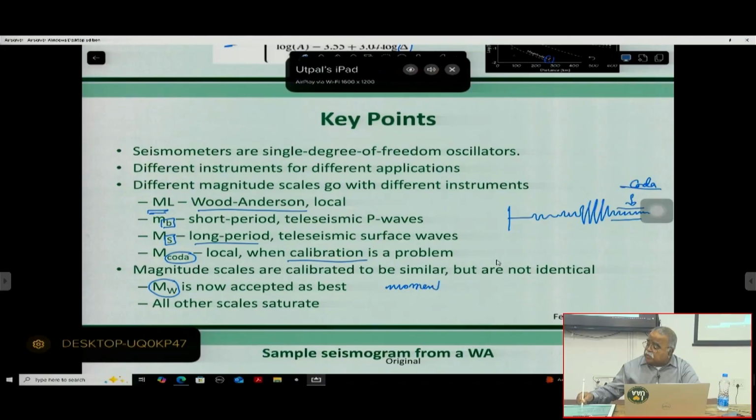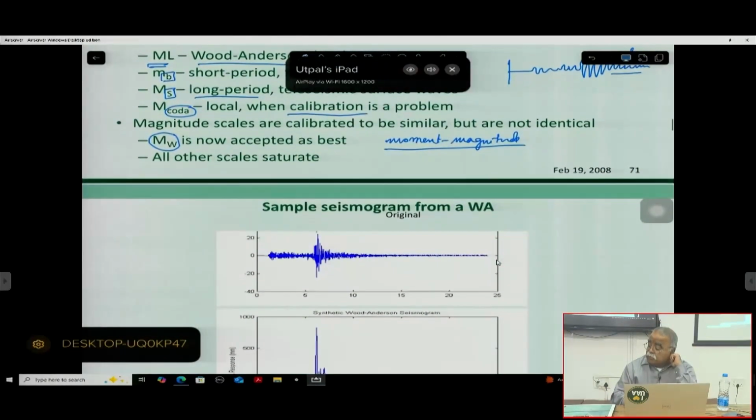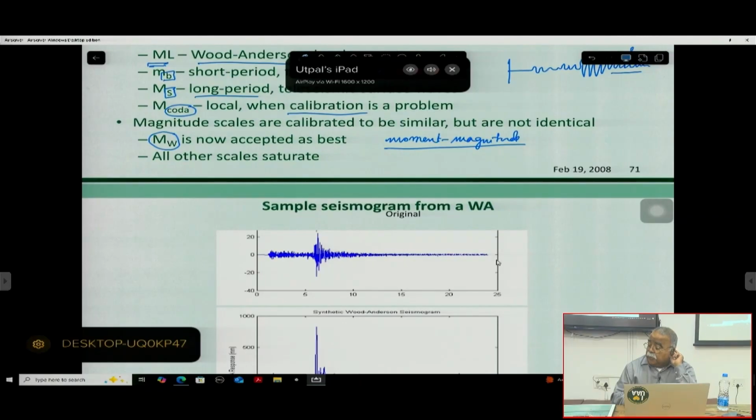It is based on physics, so there is no scale or instrument height involved. This is all physics-based earthquake estimation. The moment magnitude is nowadays a more scientifically accurate estimation of magnitude than the other methods. And we will come to how to measure that.